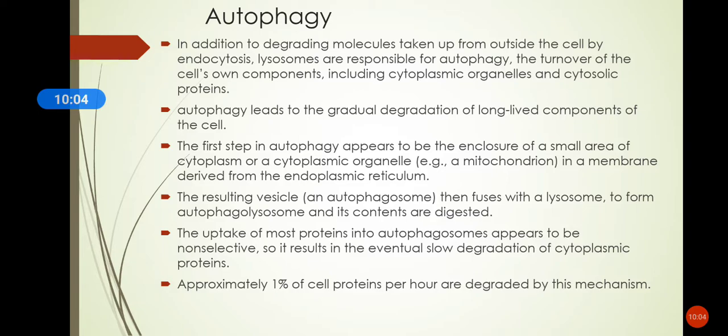That enclosed vesicle, the enclosed organelle, is called an autophagosome. This autophagosome will fuse with the lysosome and form an autophagolysosome, and inside this, the contents will be digested by acid hydrolysis.